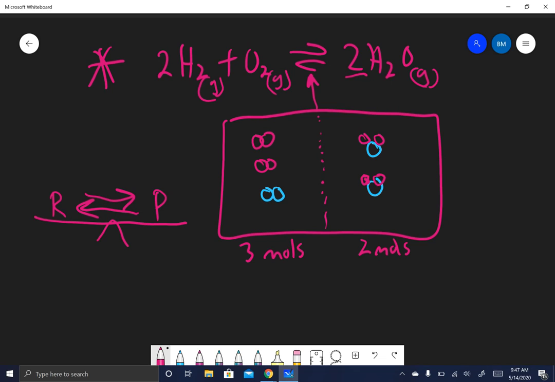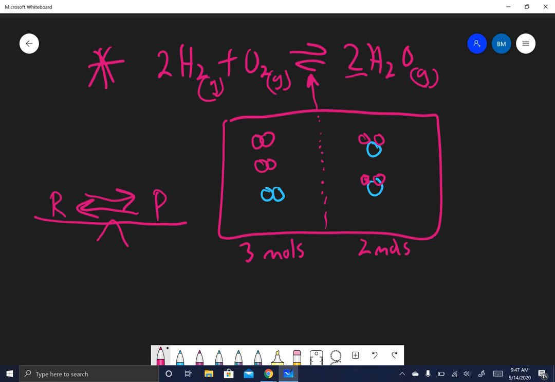They just have to be changing back and forth at the same rate, meaning the number of reactants and the number of products stay constant. So I always have 3, I always have 2. If one goes over here, one goes over there. It isn't about how many particles you have. And yes, we use the analogy of weight, but again, that's just analogy. Okay, so hopefully all of this is making some kind of sense.